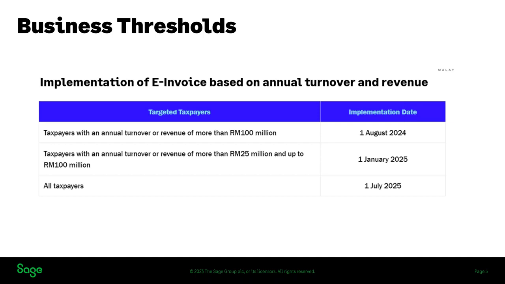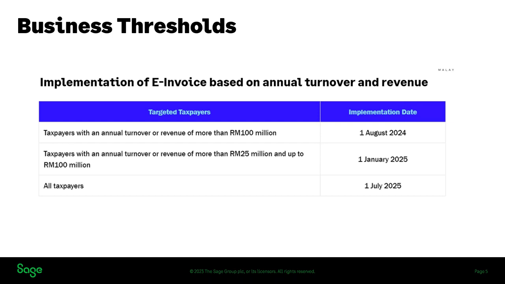So happy new year, you have to get that ready. And by the time we get to summer of next year, all taxpayers, including the hawkers and everyone else, will have to have some means of submitting e-invoices to the government. So that's the timeline that different organizations have to get up to speed on e-invoicing.